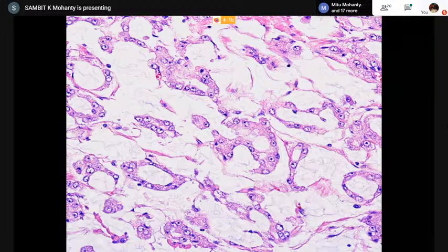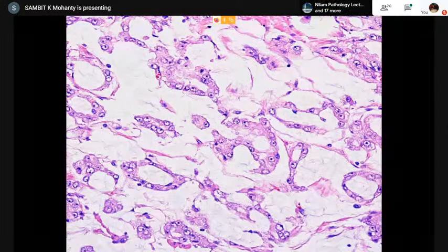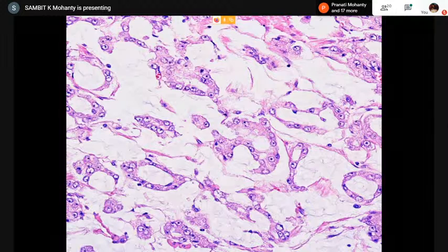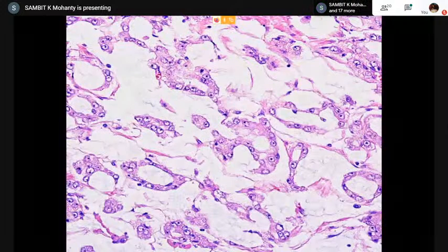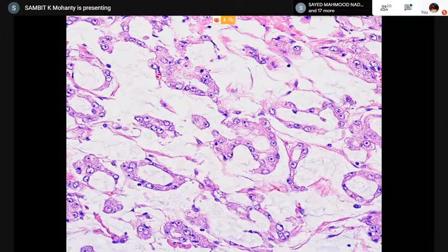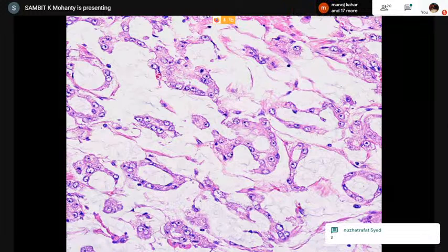Three or 4? Four, sir. Why is it 4? Yeah, you may be correct, but you have to justify your answer. Number one question, are the glands fused? No. The glands are not fused.